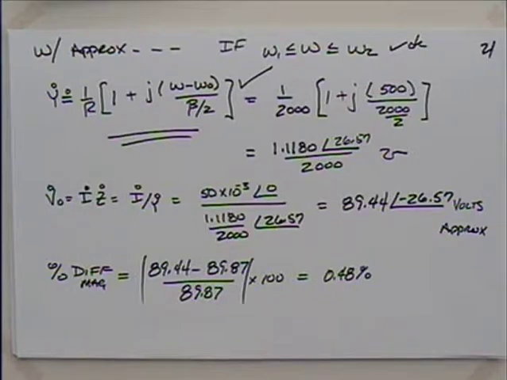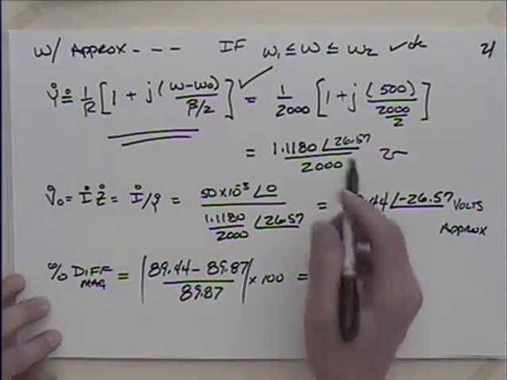Yes? Why is the admittance not in the denominator? Because I left the 2,000 in it.